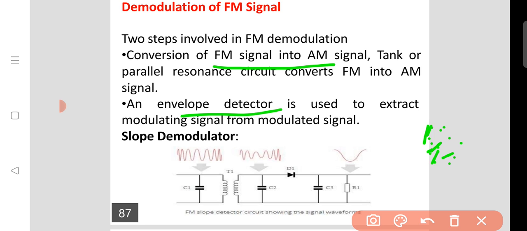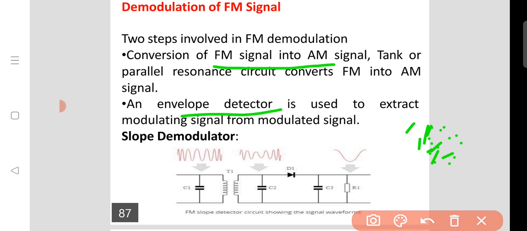There are different types of frequency discriminators. First of all, these frequency discriminators are categorized as slope detectors and phase difference discriminators. The first category is slope detectors, and the next category is phase difference discriminators. In the first category, there is the simple slope detector or single tuned discriminator.